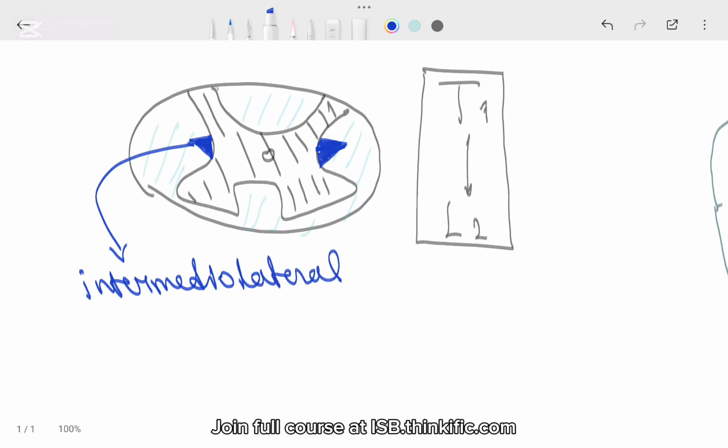You will not see this structure in other sections of the spinal cord above T1 or below L2. It is only present between T1 and L2. This structure in fact contains the cell bodies of the sympathetic preganglionic neurons.